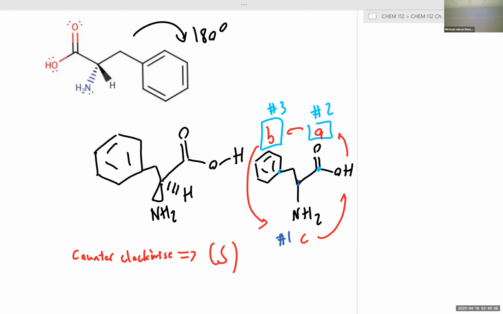We then assign our priority groups. The amine gets the highest priority, the carboxylic acid gets the second highest priority, and this benzyl group gets the third highest priority. Drawing out from highest to lowest priority, we're counterclockwise, so it's the S configuration. Does that make sense to everyone? Is everyone comfortable with that logic? Okay, perfect.